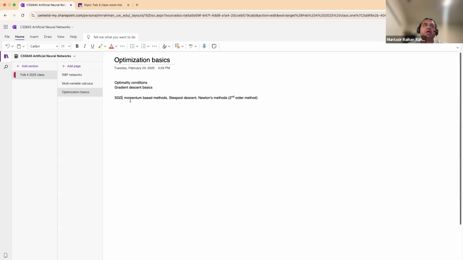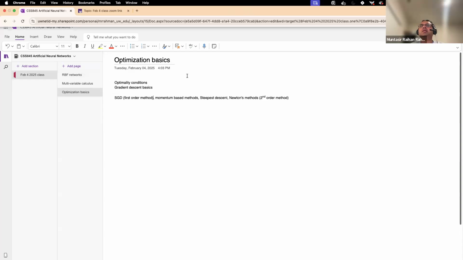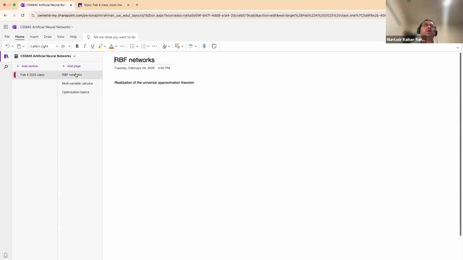Whereas SGD and steepest descent are first order methods, because the only information you need are the gradients, or first derivatives, and with that you can find the optimal points for your functions. All right, so those are the topics, and we'll start with RBF networks. Hopefully everyone remembers the universal approximation theorem from last class.